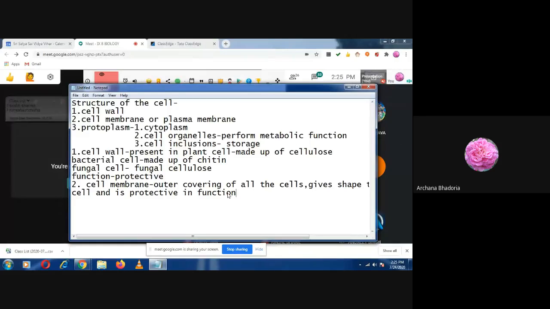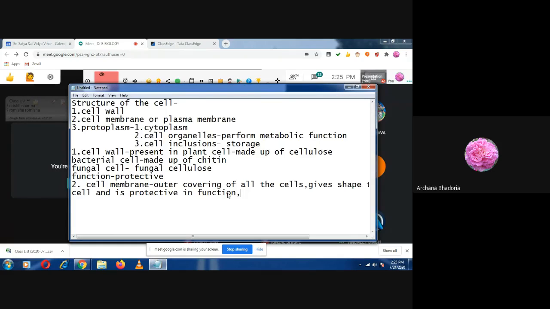Then the next, write down. So we are discussing the functions of the cell membrane. First function: forms the outer covering of the cell. Second, gives shape to the cell. Number three, protective in function. So we have written three functions.